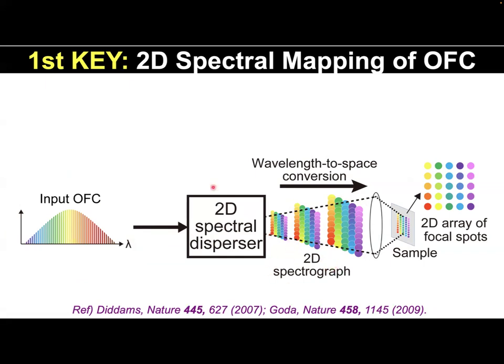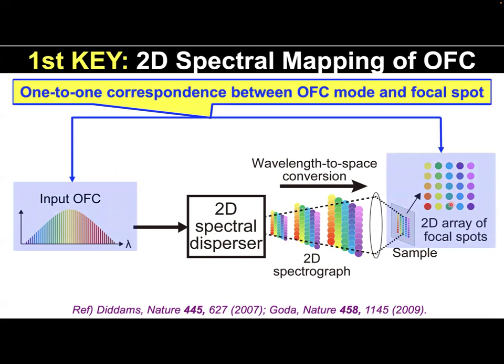With a combination of the 2D spectral disperser and a relay lens system, this 2D spectral graph is transferred onto the sample surface as a 2D array of focal spots. Importantly, a one-to-one correspondence is established between the OFC mode and the image pixel. In this way, wavelength-to-space conversion was achieved.